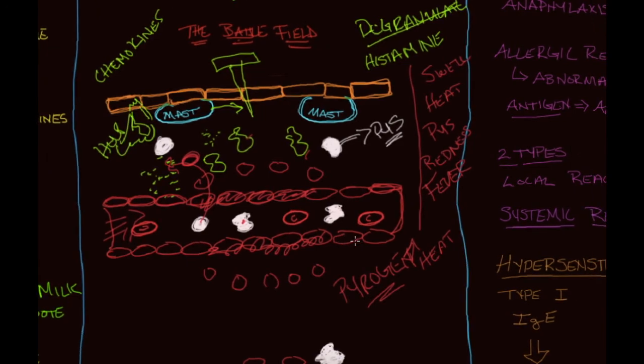And then we'll also end up leaving these memory cells around in our B cells and T cells in case we step on a nail again and get infected by this bacteria.